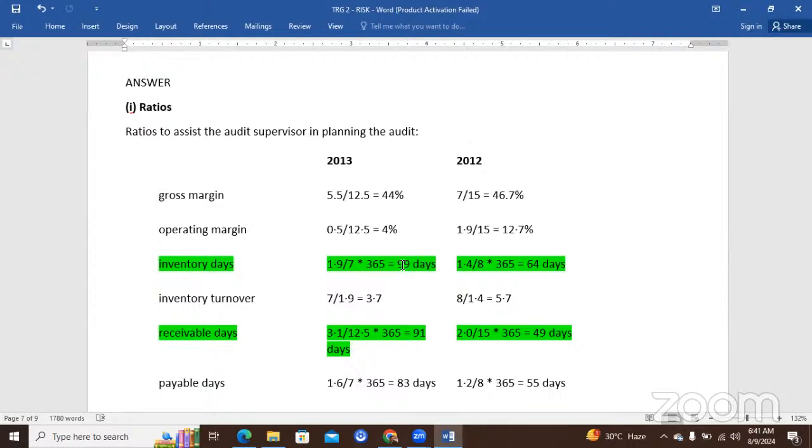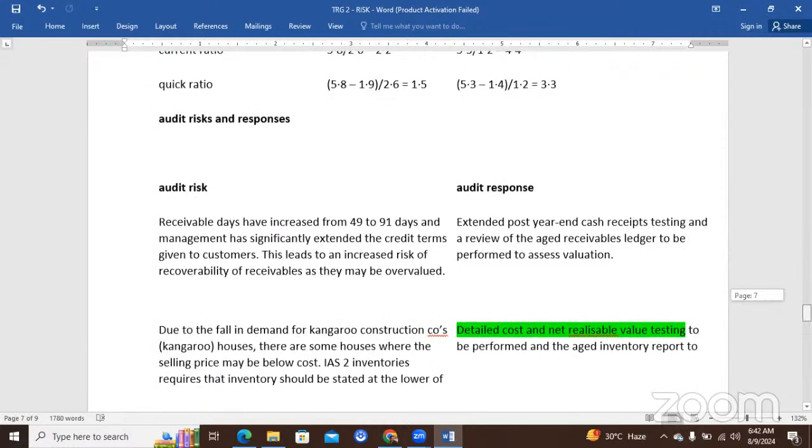The same problem is repeatedly mentioned in the scenario also. Again, in two different areas we identify the same problem. From ARP also we identified the NRV issue. From the case study also they have given the NRV issue. So now we can merge both together when we are writing the answer.